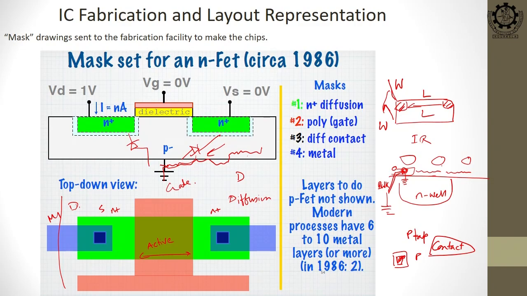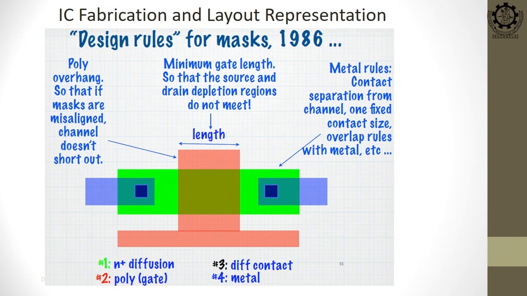So, these are the steps. You have to have the gate length, metal rules, poly rules, all of these rules are there and these different colors are showing you different regions. For example, the green is N diffusion, red is the gate, poly.